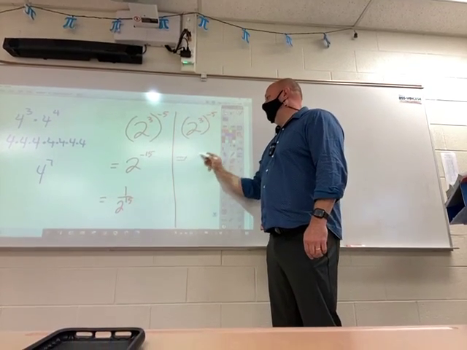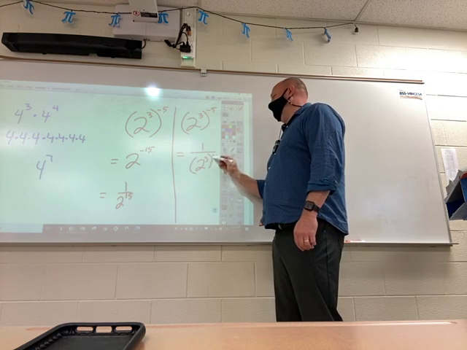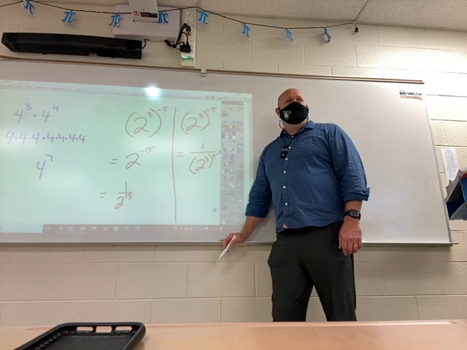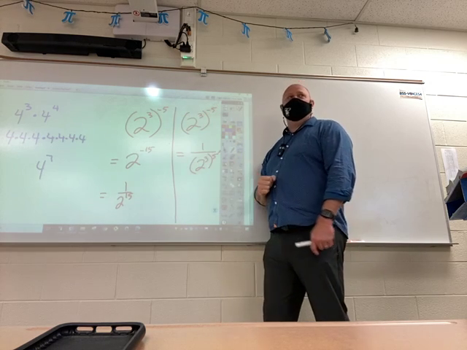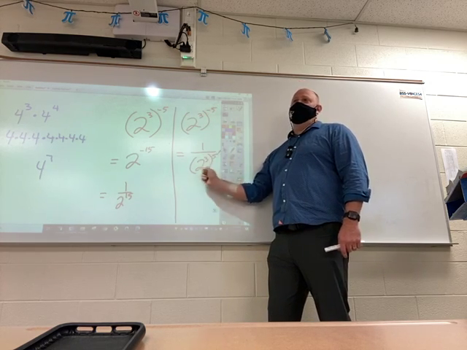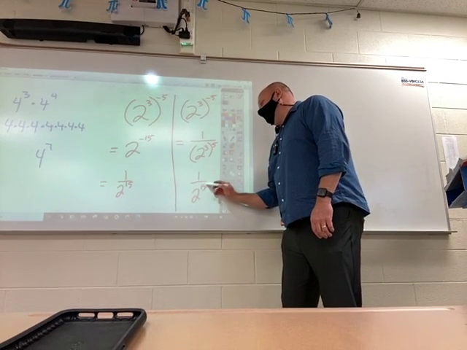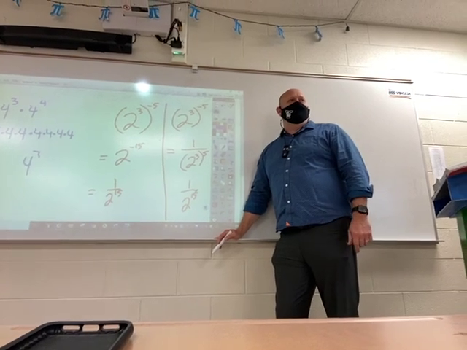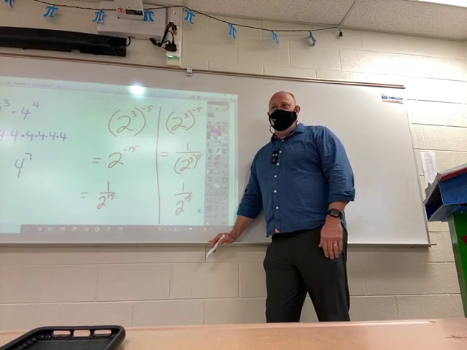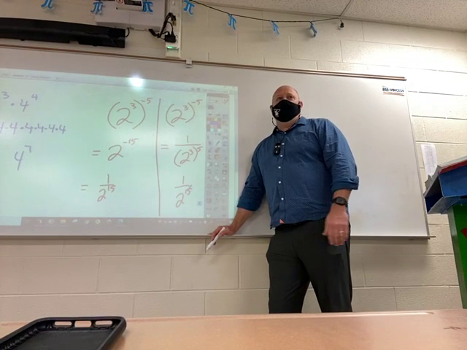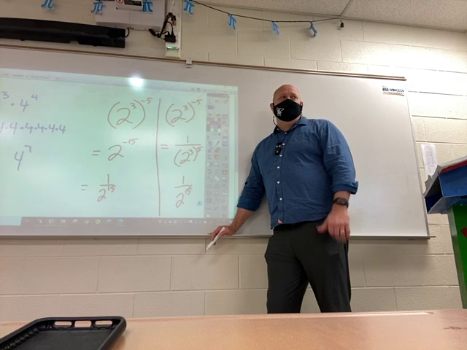What I would get is 1 over 2 to the 3rd raised to the positive 5 power. Right? Negative exponents just mean I flip it. So I take that whole thing and I put it in the denominator. Now I use the rule, what do you do with powers raised to powers? So does it even matter which rule I enforce first, which one I do second? No. You can enforce any rule you want at any time as long as you don't break a rule, like adding when you're supposed to multiply or something like that. Simple?